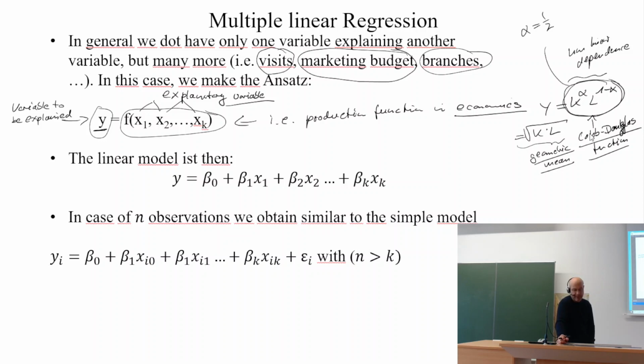Well, why do I give you this function in the case of multilinear regression? Well, we can manipulate this function so that we obtain afterwards a linear dependence. Because what you can do, and very often we model in economics dependencies between variables with products and with these exponents up here, so as general geometric means.